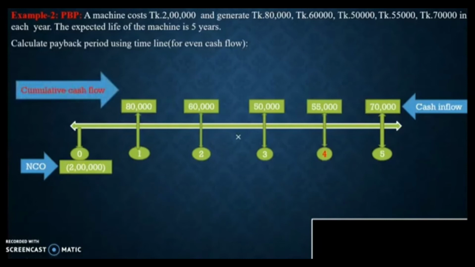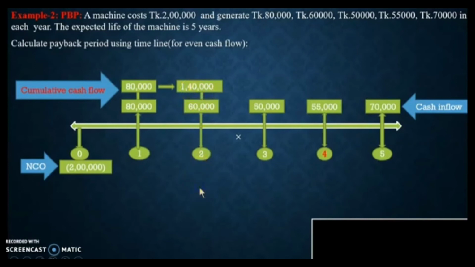Cumulative cash inflows for the first year taka 80,000, second year taka 1,40,000, we add 80,000 and 60,000.